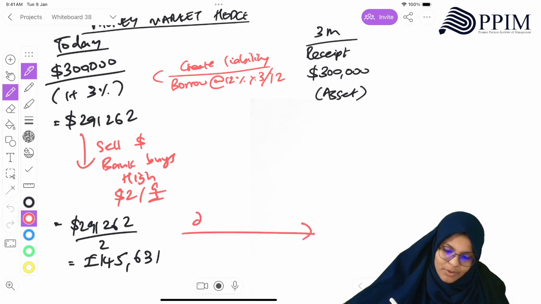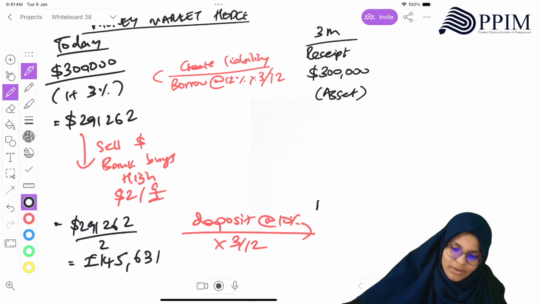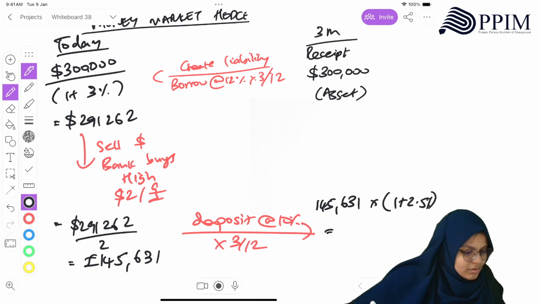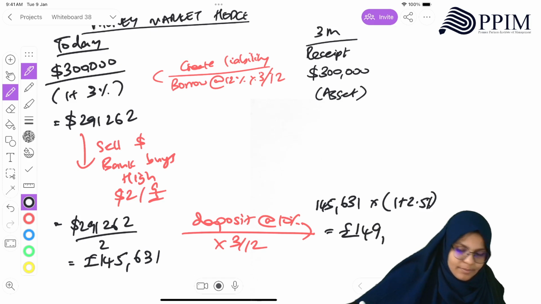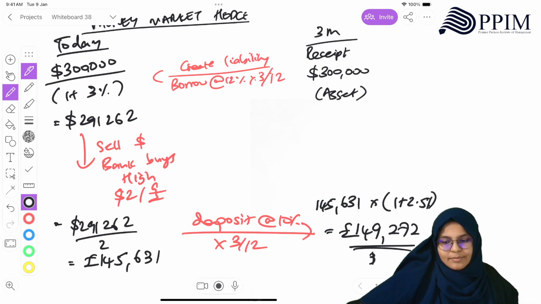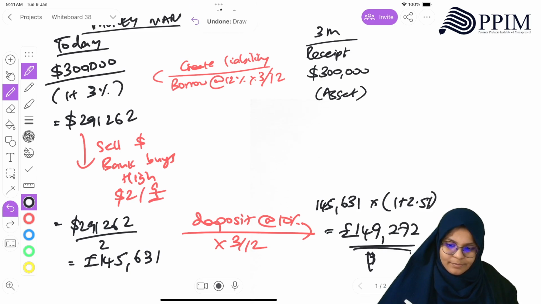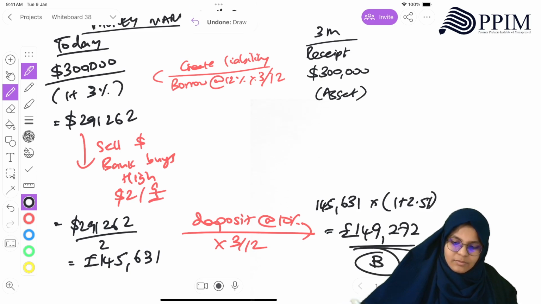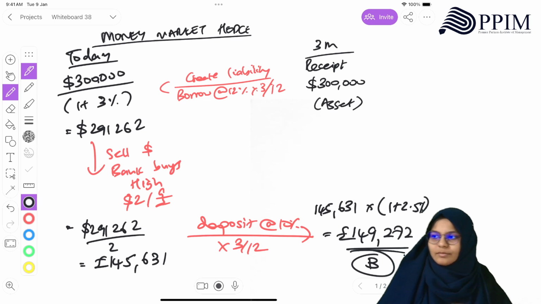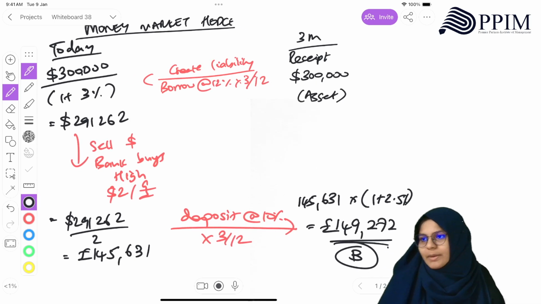Okay, so I will deposit this. So what I end up having is 145,631 times 1 plus 2.5%, which is 149,272. So yeah, the answer is B. Okay. That's how the money market hedge will look like.